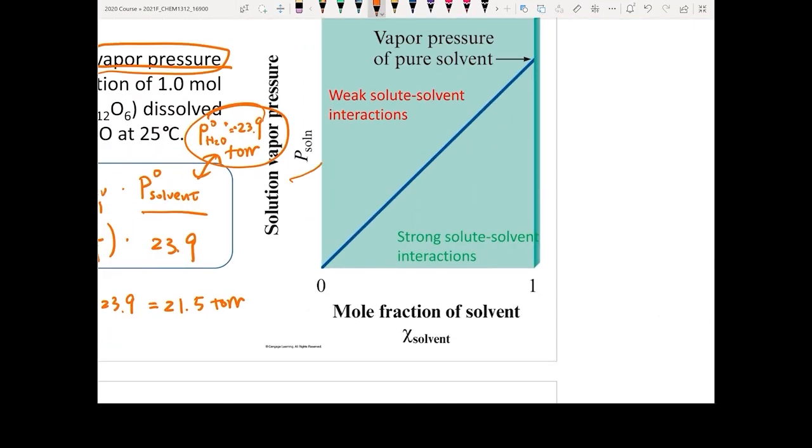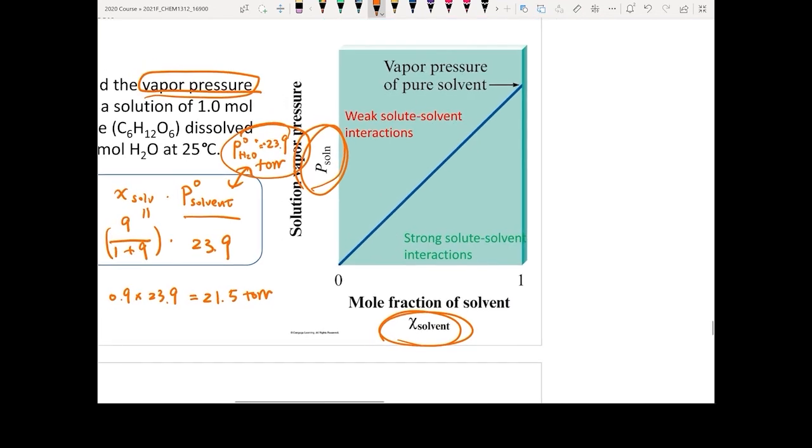If you plot out the vapor pressure of your solution versus the mole fraction of your solvent, you're going to see a picture like this, just a simple straight line. On the x-axis, you're going to see the value change from 0 to 1. So this is your P naught solvent, right? How about here?